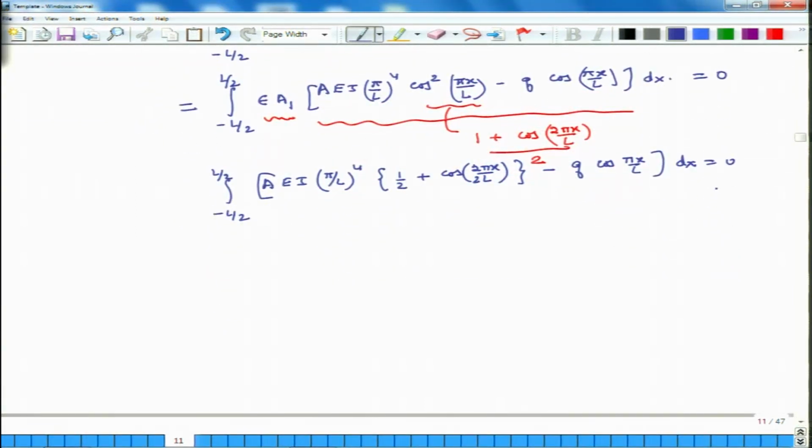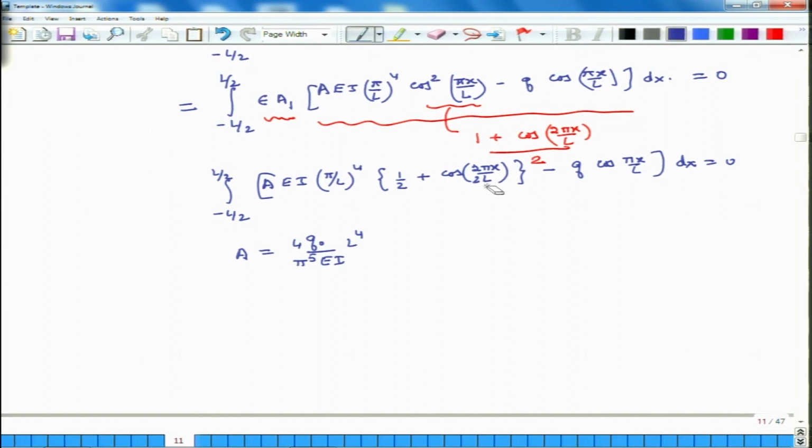So, when you do this whole integration and all that good stuff, basically you get from here A is equal to 4 q naught divided by pi to the power of 5 EI. Because this is 1 by 2, this is half plus cosine 2 pi x by L by 2.